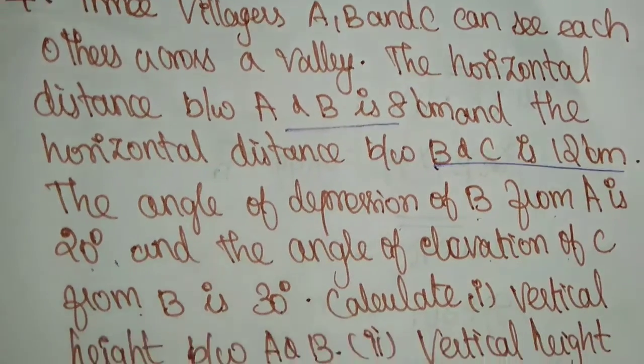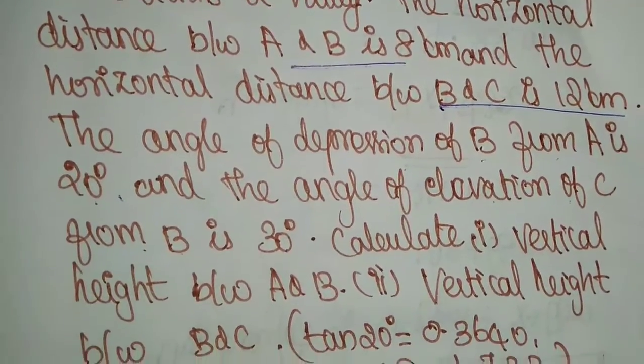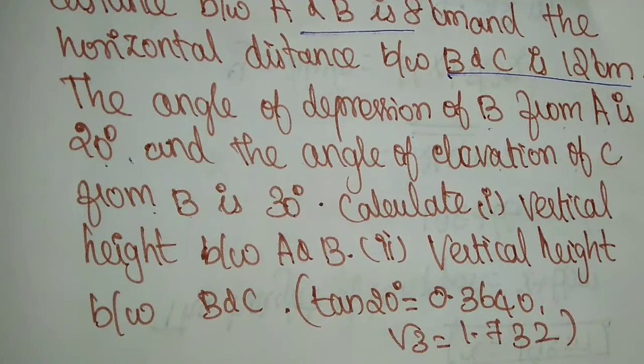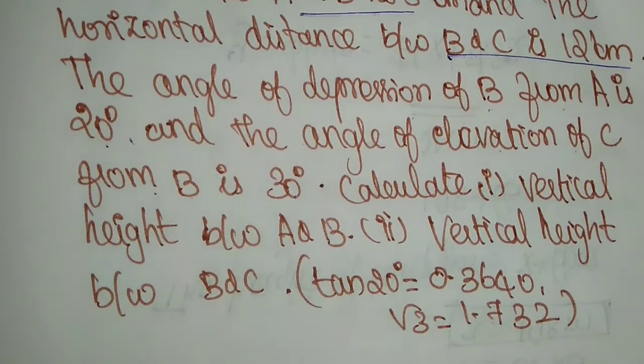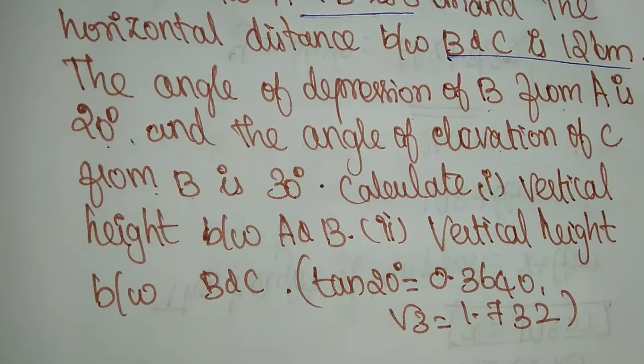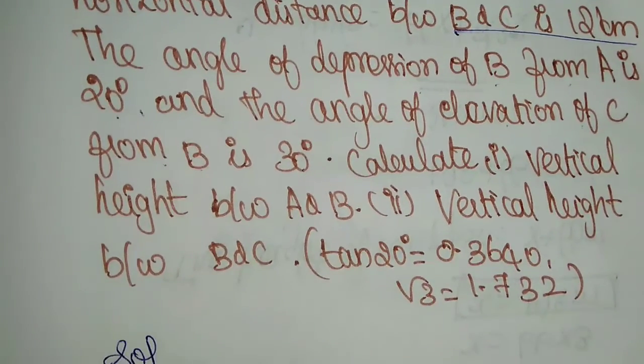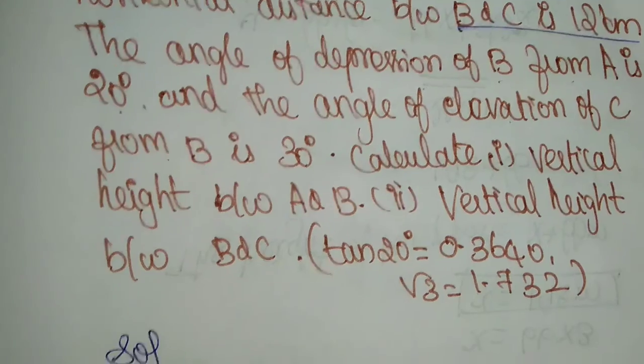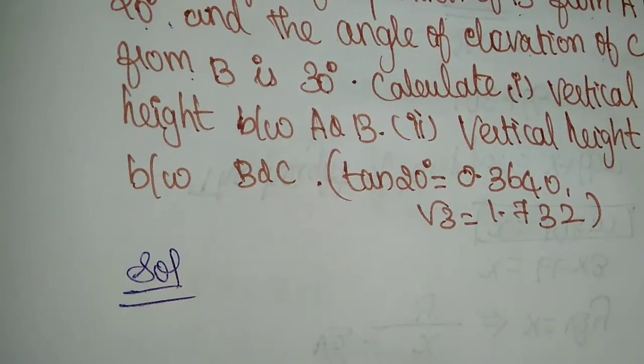Calculate the vertical height between A and B and the vertical height between B and C. Here given tan 20 degree is equal to 0.3640 and root 3 value is 1.732. Okay.